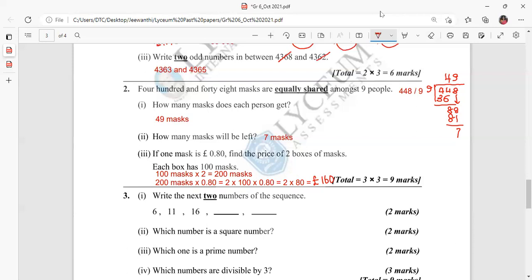When you have 200, it's easier to segregate them, 2 and 100. Then 100 you multiply by 0.8. When you multiply a decimal number by 10, 100, 1000, then it becomes 80. Then 80 multiplied by 2, it is 160. So that is how you get the price of 200 masks, so it is 160 pounds.